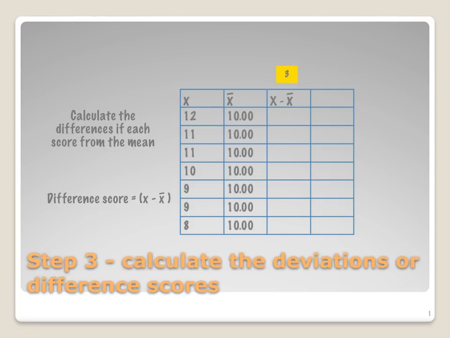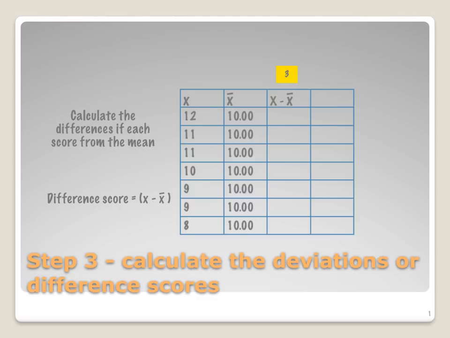So this is known as a deviation or a difference score. So the way we symbolically represent a difference score or a deviation score is x minus x bar. And again, that's just a symbolic representation for what I just said in words. It's the mean subtracted from each score.